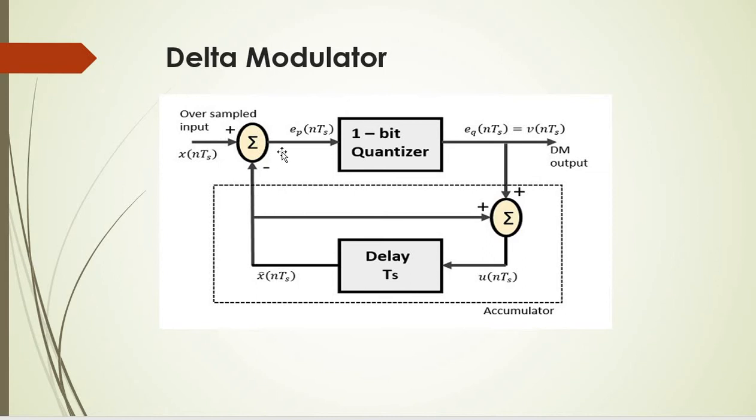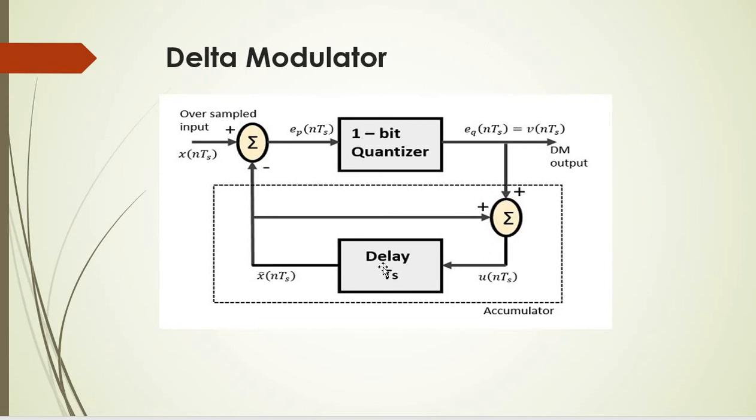Here in this comparator or the summer amplifier, the difference between the present sample and the previous sample is taken, and if the present sample value is greater, a 1 is transmitted, and if it is less than the previous value, a 0 is transmitted. Actually here the data is 1-bit quantized.